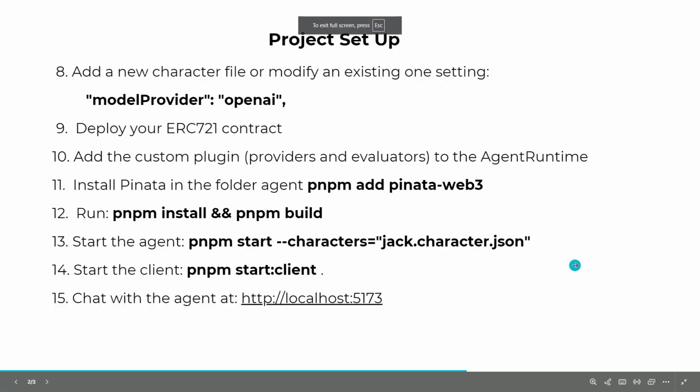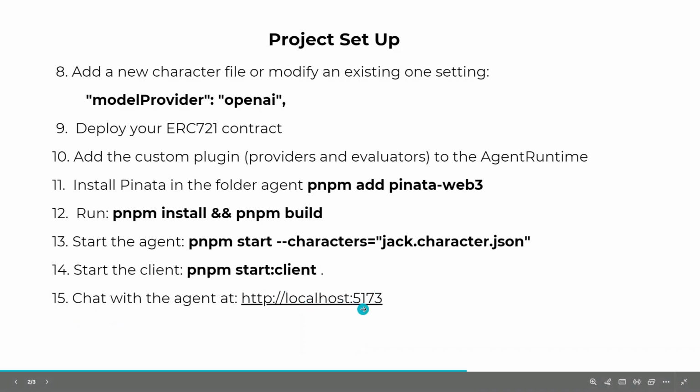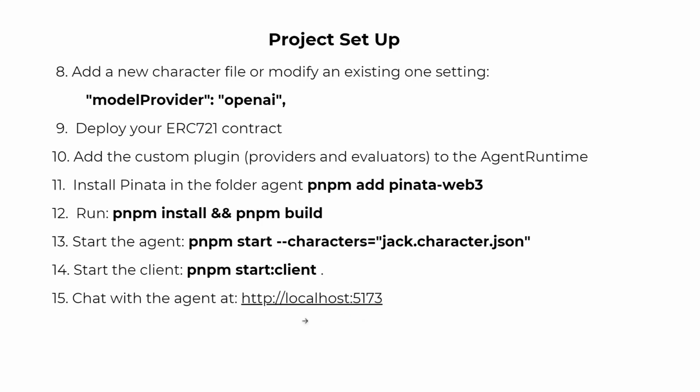If you want to run the agent, you have two possibilities. You can start the agent, but before doing everything you should install the dependencies and build the project. Then you can start the agent by typing npm start with the characters flag, the character that you want, in this case Jack, and then start the client. This client is a web application that allows us to chat with the agent, and it is exposed here at localhost 5173.